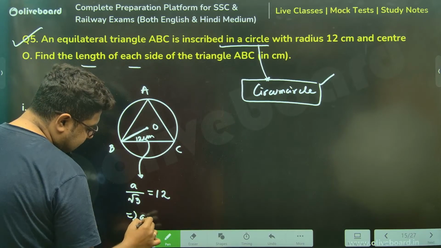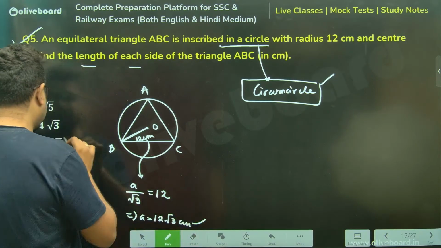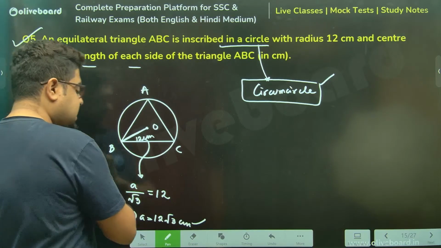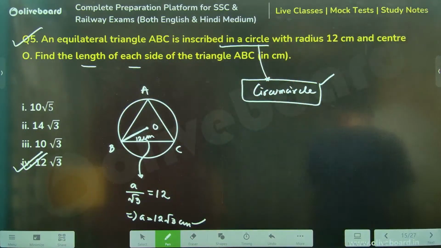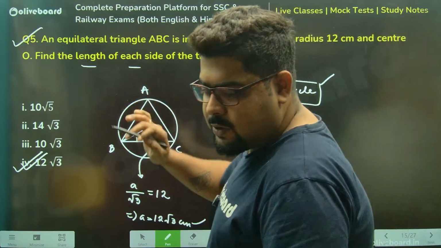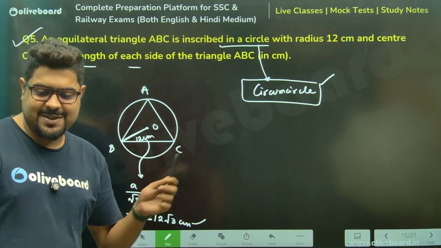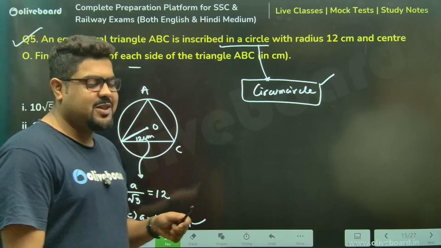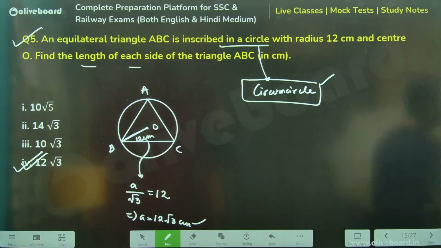So can I say A will be 12 root 3? I've drawn the figure to make you understand, but you don't need to do all this. Clear, everyone? Clear, sir? Clear, everybody?